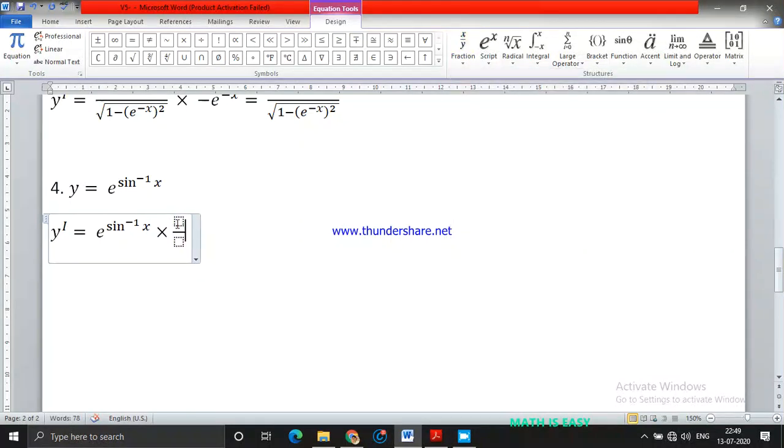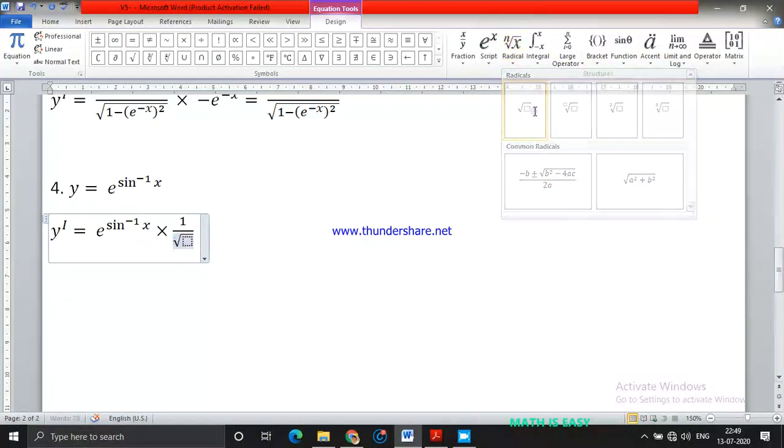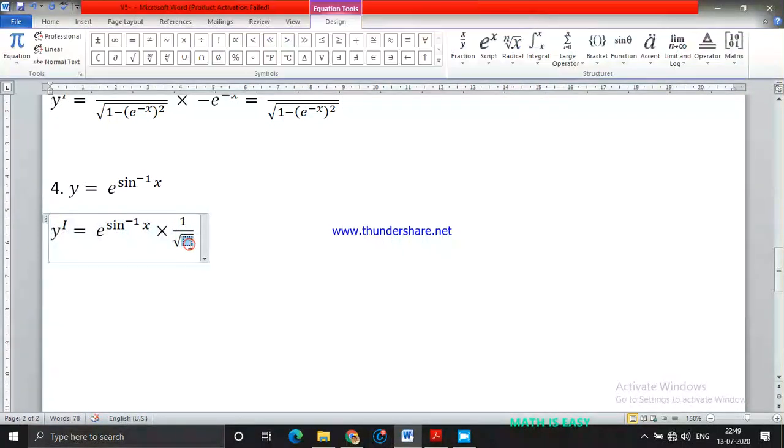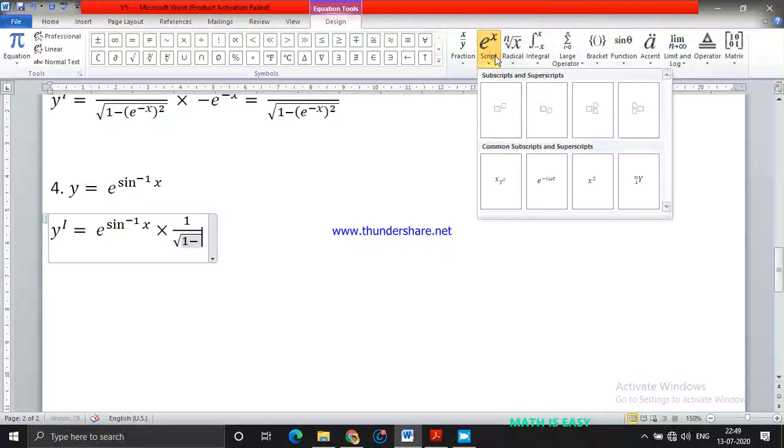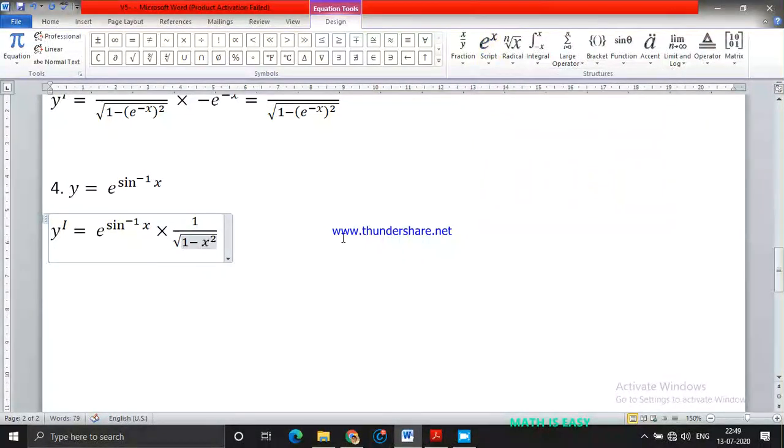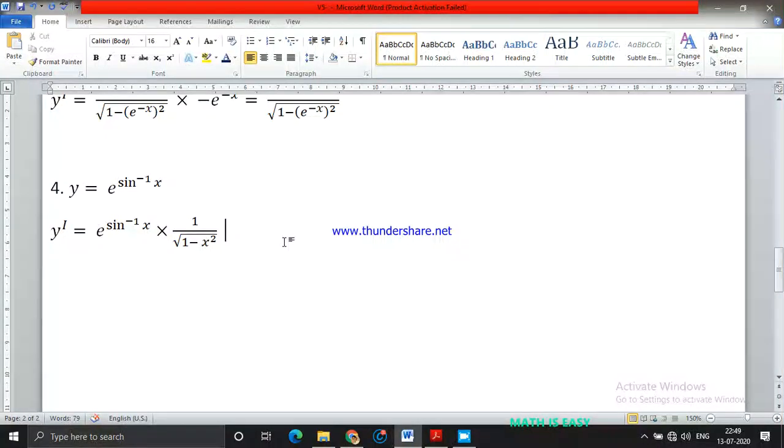Any idea? Remember in the last class, it is 1 upon under root 1 minus x square. Now you need not do the derivative of 1 minus x square again, because I have to do the derivative of sin inverse of x.